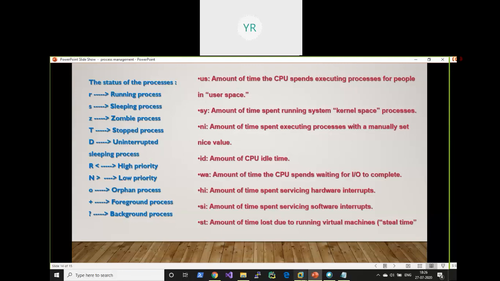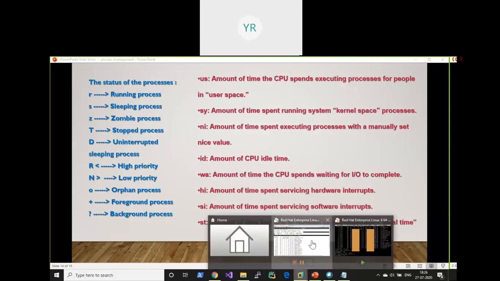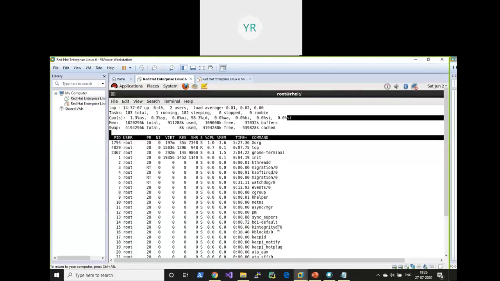Running a virtual machine. In my system, I'm having two VMs here. This is my first VM. Even though they are virtual machines, the CPU processes are handled by a physical CPU.